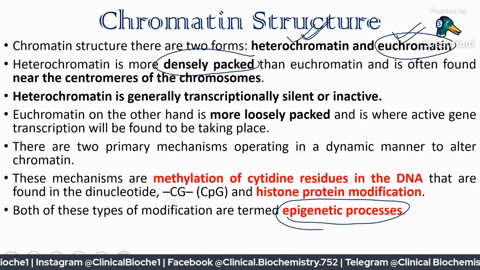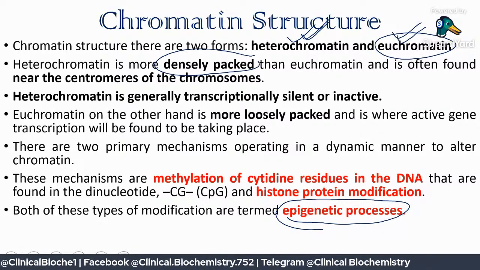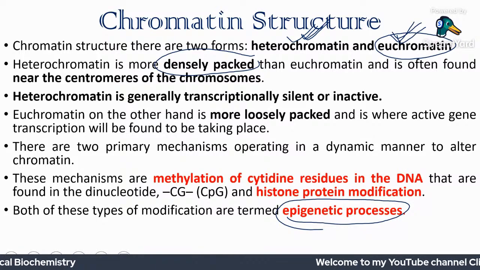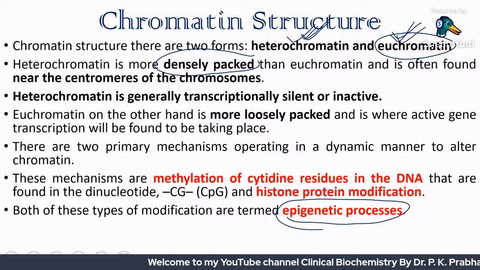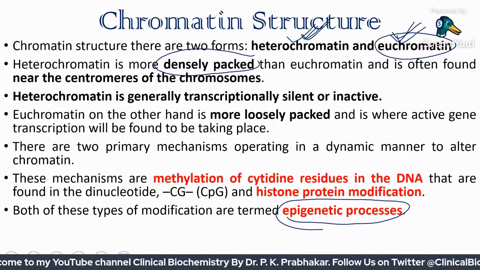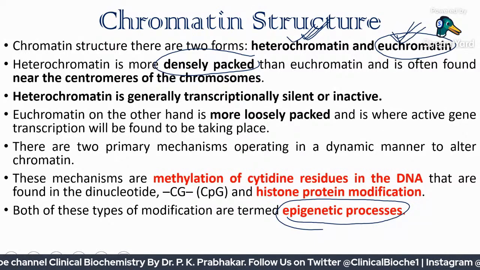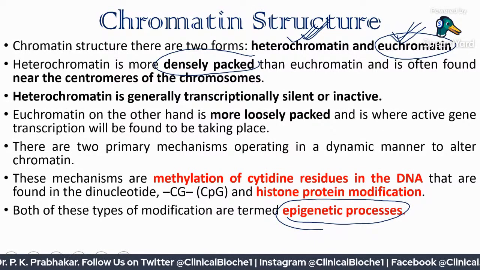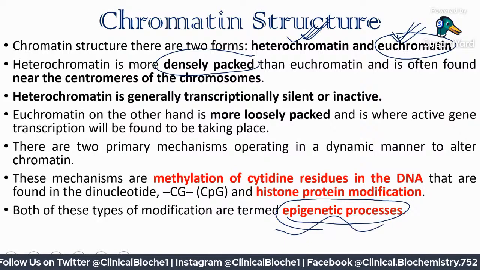Like when you are eating some kind of nutraceuticals, they can convert heterochromatin into euchromatin and euchromatin into heterochromatin, so that nutraceutical is going to affect epigenetically. Clear? So an epigenetic process means modification of histones or converting heterochromatin to euchromatin or euchromatin to heterochromatin. It is called an epigenetic process, epigenesis.